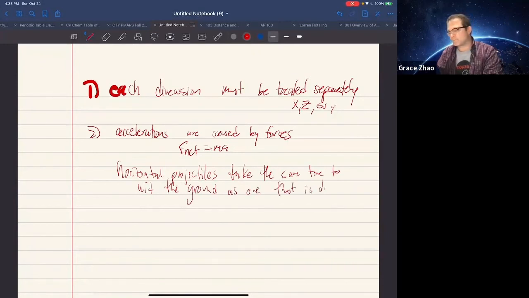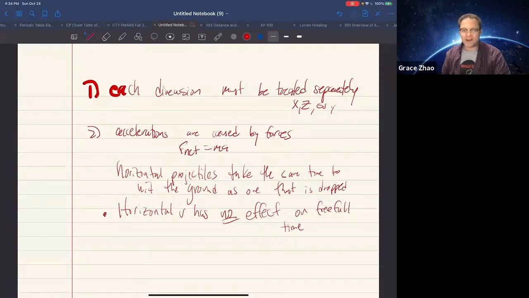In other words, horizontal velocity has no effect on free fall time. That's staggering. Almost everyone would think that it would take longer for the horizontally fired ball to hit the ground.